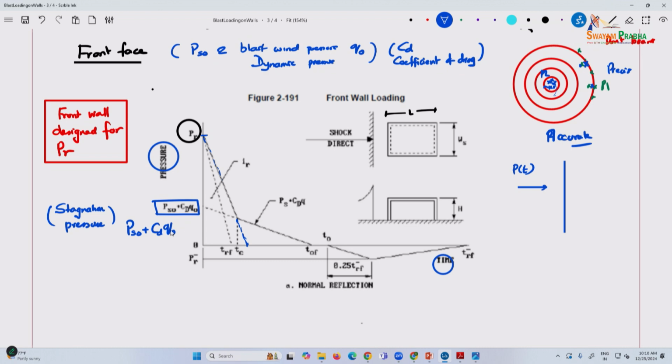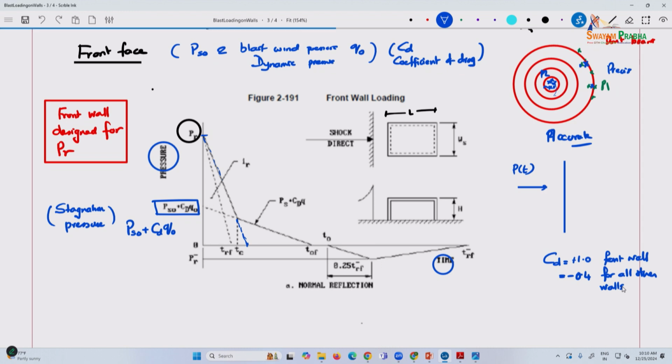The coefficient of drag is taken to be 1.0 for the front wall, then minus 0.4 for all other walls, because the blast is directly impacting the front. So its positive is considered into the surface. On the other side, since it is flowing around and the PSO is acting toward it, the drag is taking away some of the pressures that are acting.